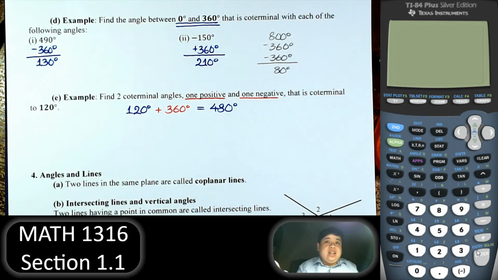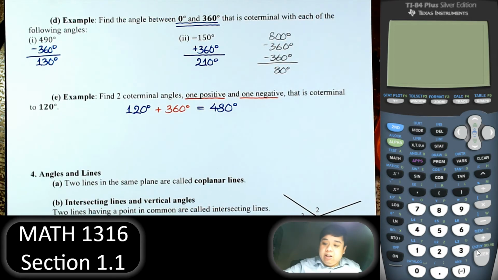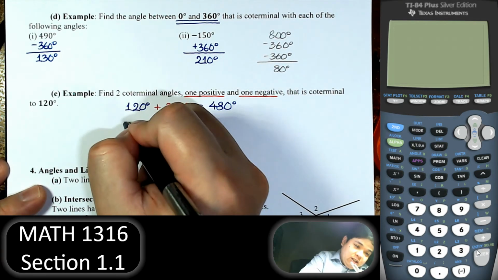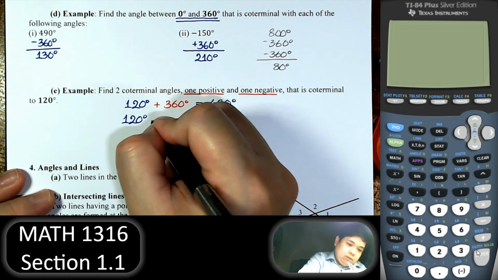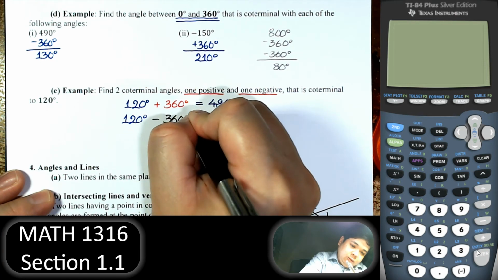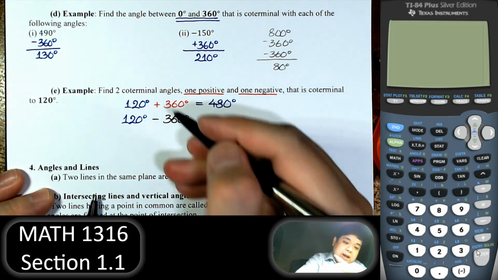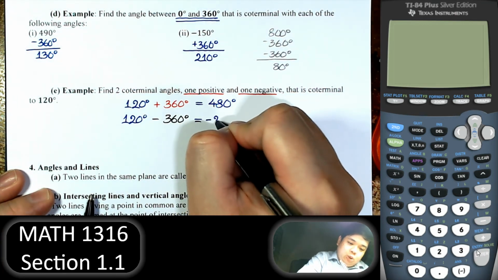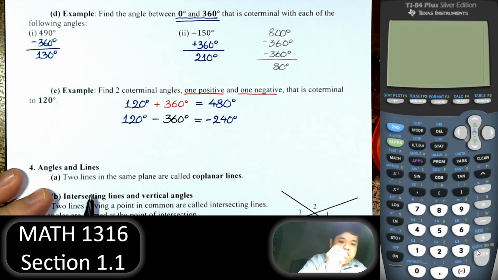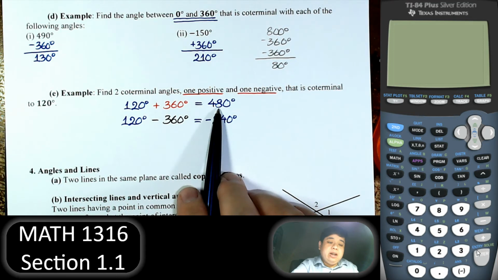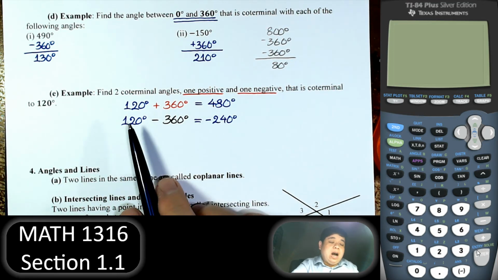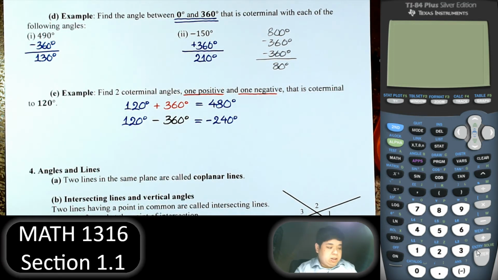If we just keep adding 360 to it, it's not going to be negative. So we have to subtract. And that gives us negative 240 degrees. And of course we can still subtract 360 if we want to, but here we have one positive and one negative. Both of them are coterminal to 120 degrees.